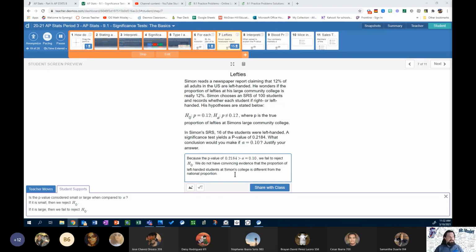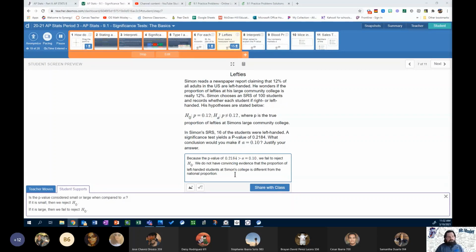Then I would have a statement along the lines of, there's a 21.84% chance of getting a result of 16 students out of 100 or more, based on the assumed actual proportion of 12% when we sample an SRS of 100 students at the school.